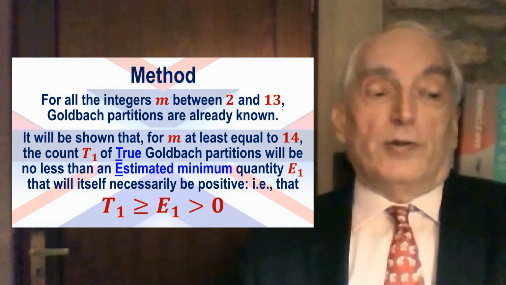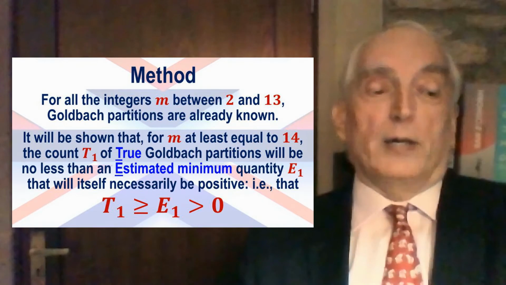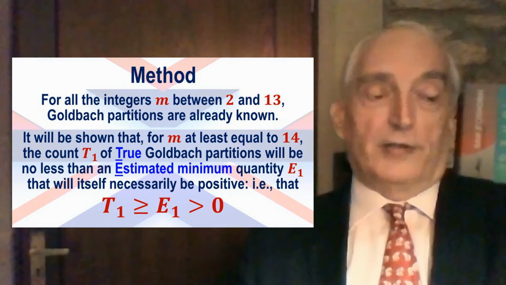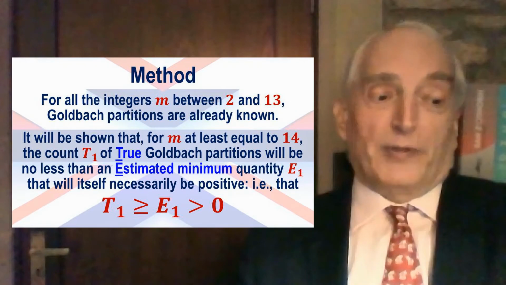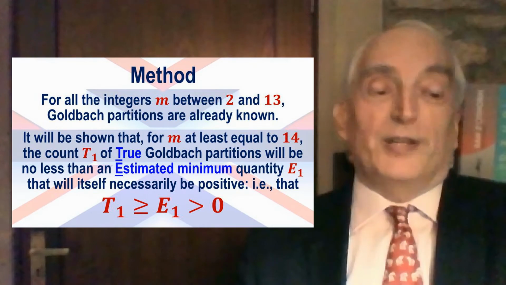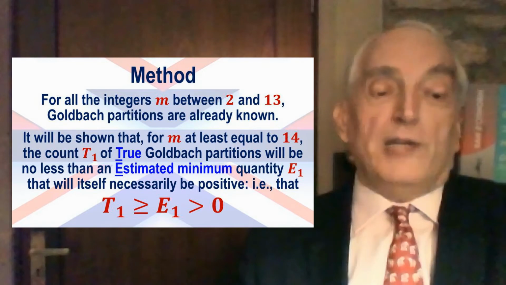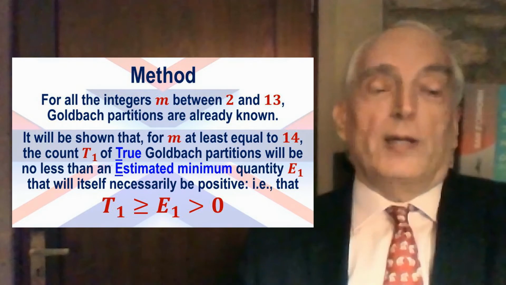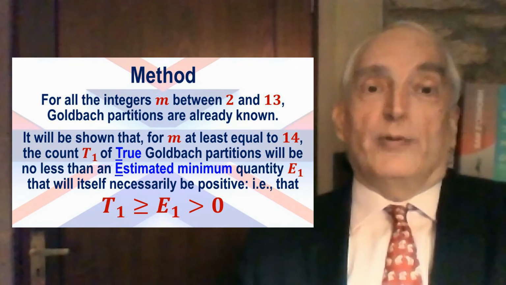What we're going to show is that for m at least equal to 14 and all the way up to infinity, the count t sub 1 of true Goldbach partitions, that is pairs of integers both of which are primes and which sum to 2m, will be no less than an estimated minimum quantity e sub 1 that will itself necessarily be positive. In other words, that t sub 1 is greater than or equal to e sub 1 greater than 0, and therefore that t sub 1, the true number of Goldbach partitions, will always be positive.